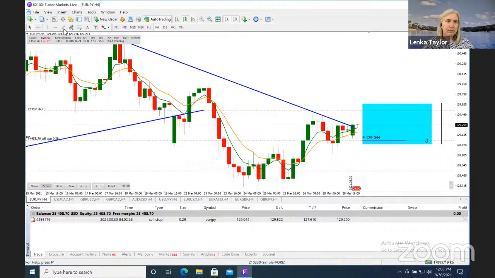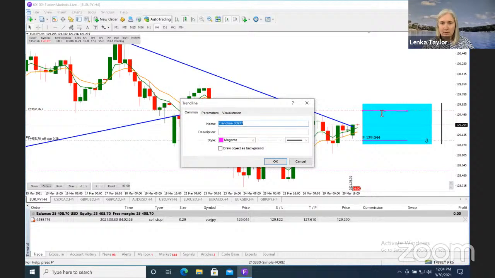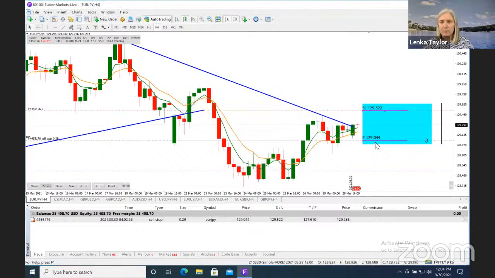There we go. Stop loss will be there. So that's at 129.522. Okay, stop loss.